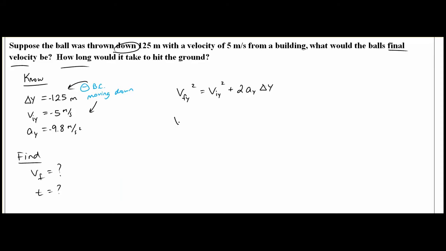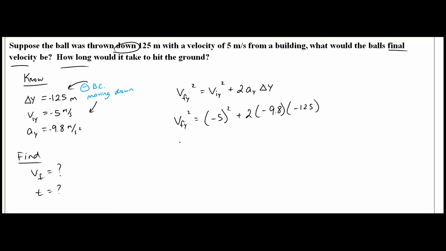So I'm looking for v final y, so v final y squared equals -5 quantity squared plus 2 times negative 9.8 times my delta y of negative 125. A couple of things to just mathematically know: when you square a negative number, that becomes a positive value, and when you multiply negative times negative, again, that's going to become a positive value.